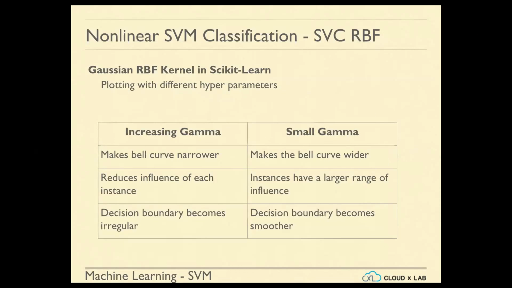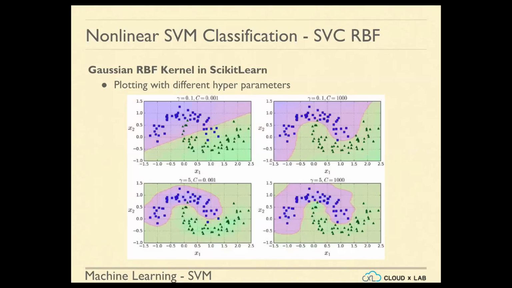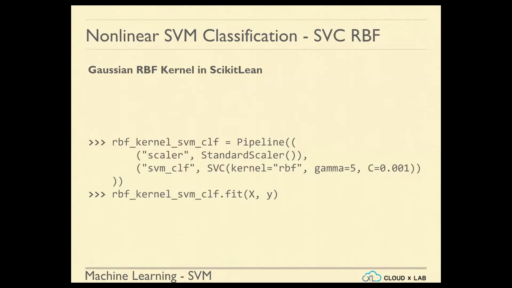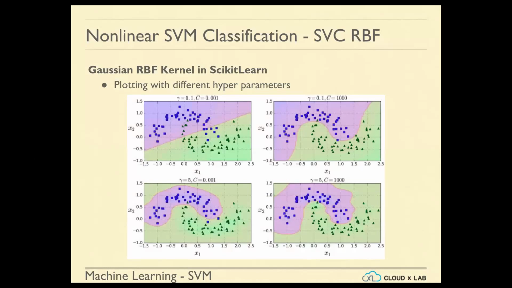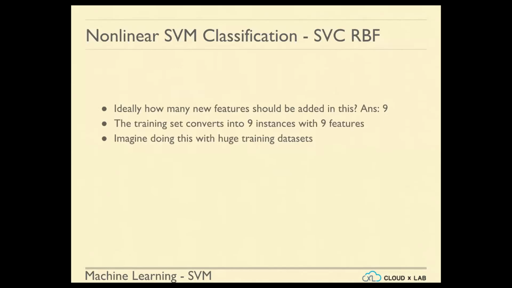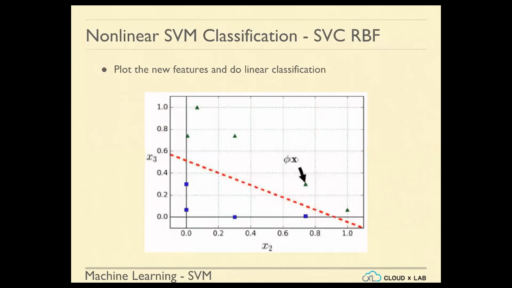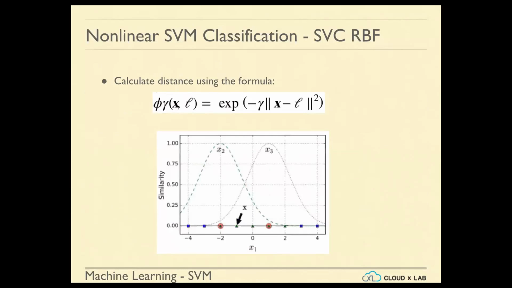Again, gamma is another hyperparameter. We talked about gamma in the equation that we had here. If you remember, if we increase gamma, the distance will become smaller, right?